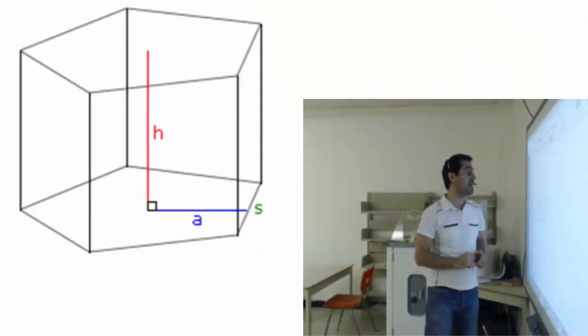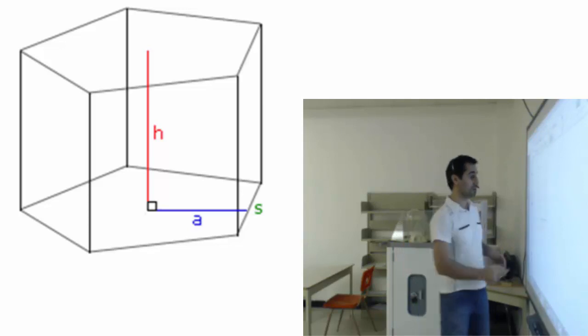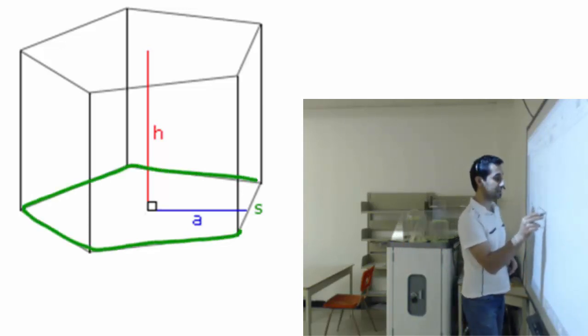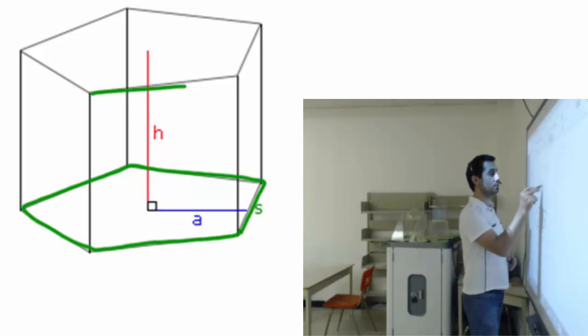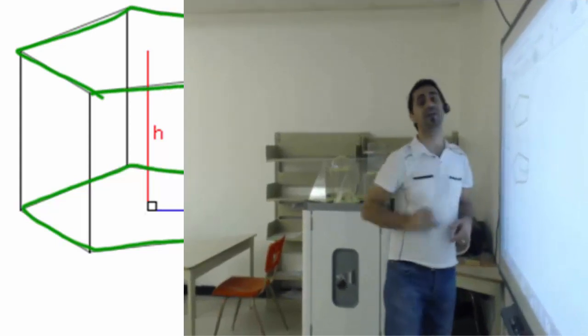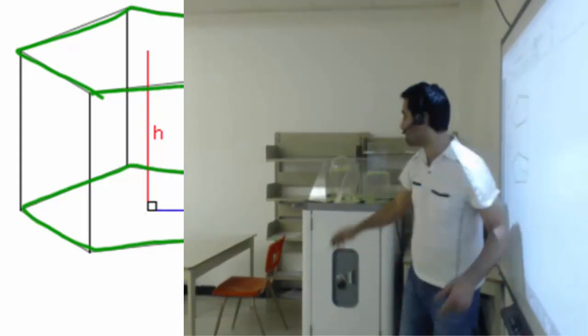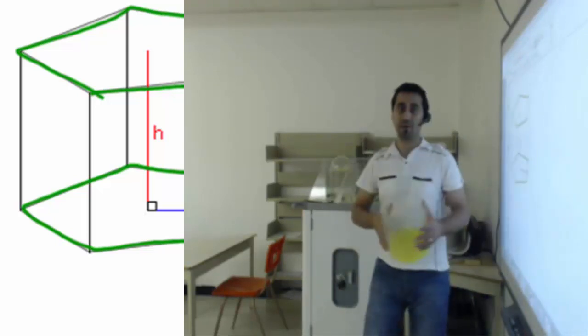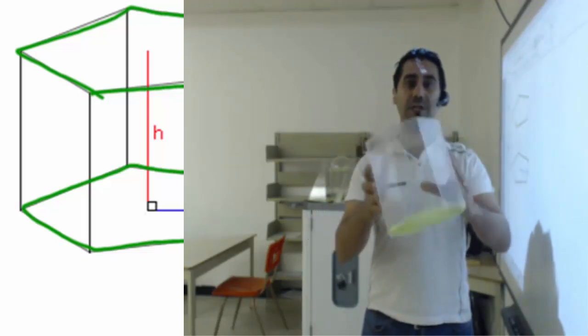And over here we have a polygon. The base polygon is here, and on the top we also have a polygon, and this is the one I'm going to use as an example because I do have a polygon trapezoid.